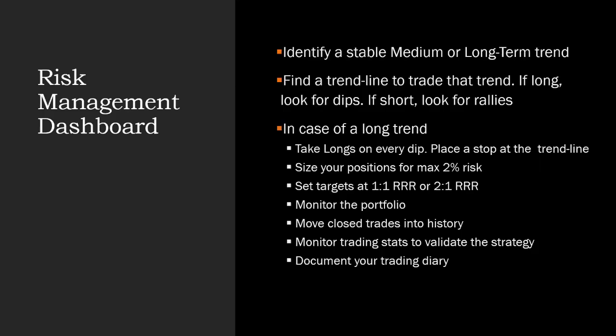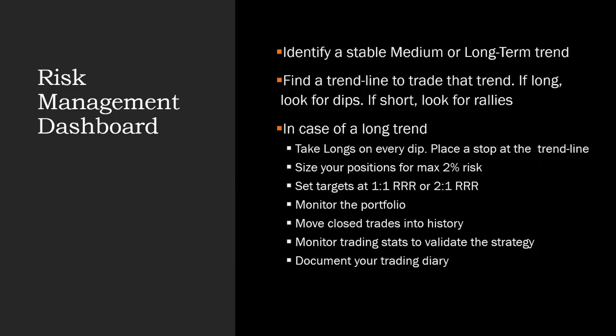So broadly, as a strategy, if you're long, which is what our example would be, then we would be looking for dips to take additional trades. And if you're short, you're looking for rallies. So in the case of a long trend, we're going to take a long on every dip and we'll place a stop loss at the trend line.